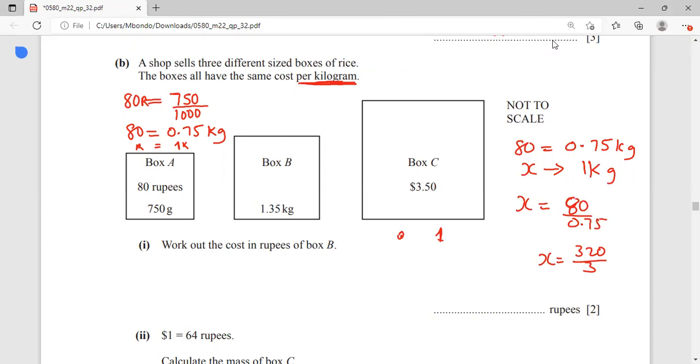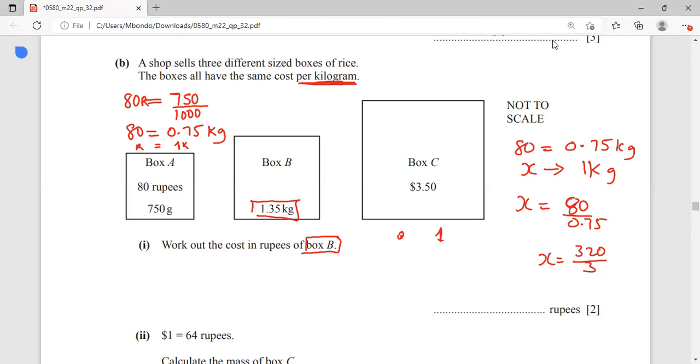So now we want to find what is the cost in rupees of box B. So you look at what we have in box B here, the number of kilograms that we have, it's 1.35.